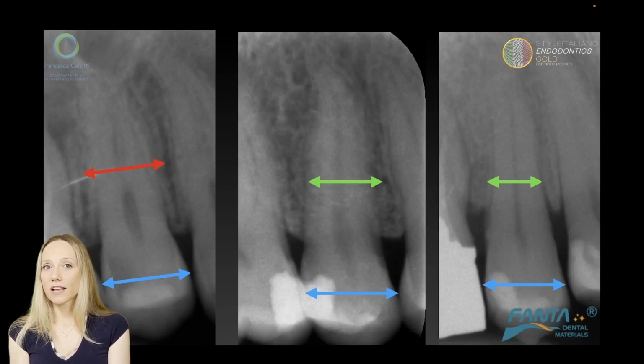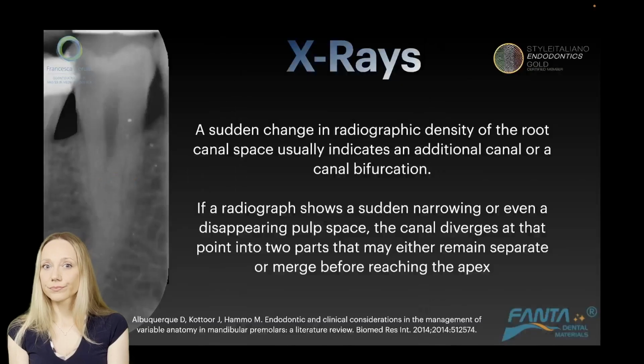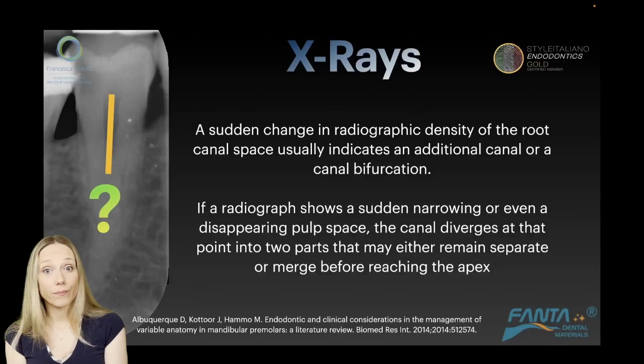When you see that the middle third of the root is larger than the mesiodistal size of the crown, think about more than one root. And also, as I showed you before, a sudden change in the radiographic density of the root canal space usually corresponds to a bifurcation of the root or to an additional canal.